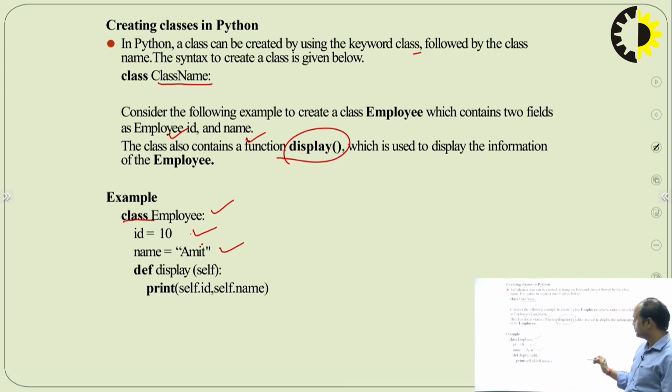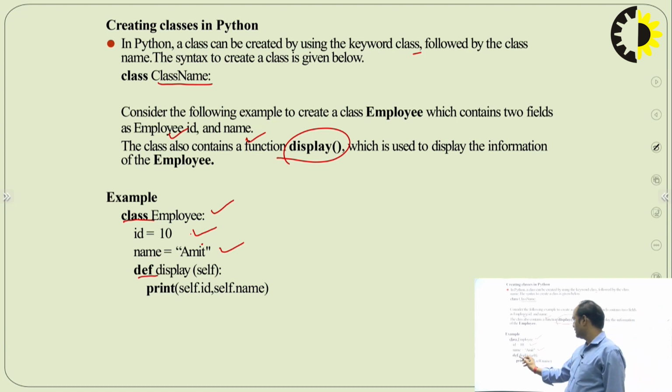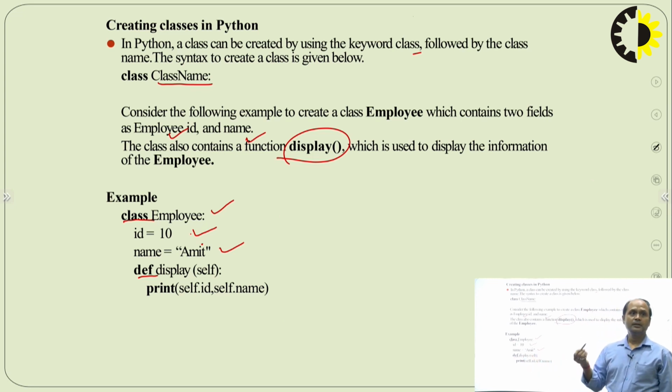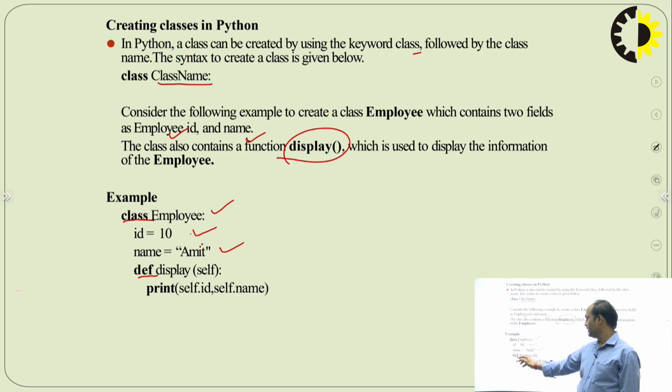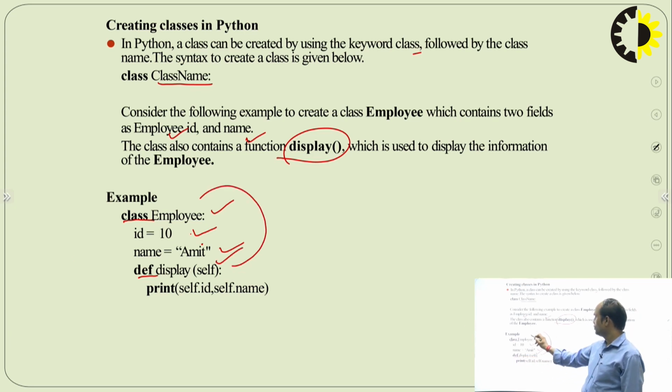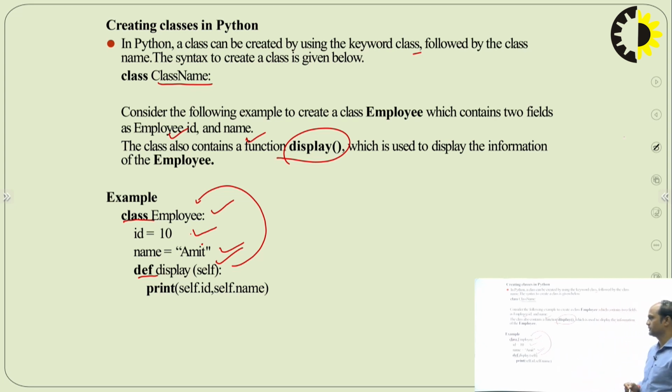And we can also define a function, using the define keyword def. The def keyword is used for function definition. So def display and self. Self denotes that particular class. And we can print self.id and self.name.